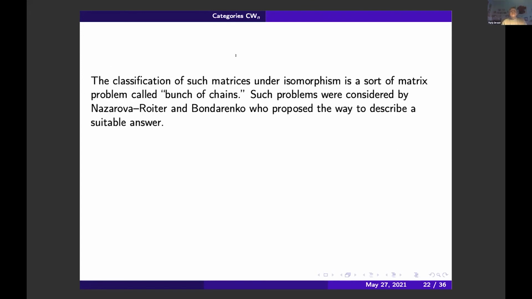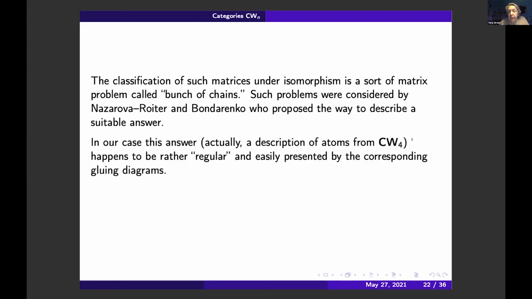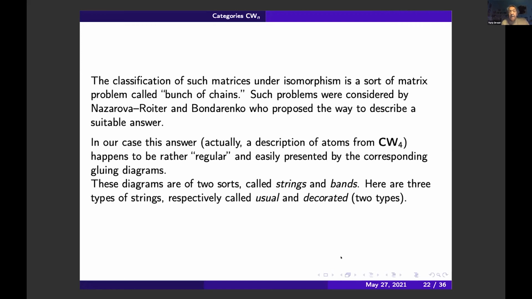The classification of such matrices under isomorphism is a sort of matrix problem called a bunch of chains. Such problems were considered by Nazarova, Roiter, and Bondarenko, and they proposed a way to describe a suitable answer. In our case, this answer, that is a description of objects from CW4, happens to be rather regular and easily presented by the corresponding gluing diagrams.